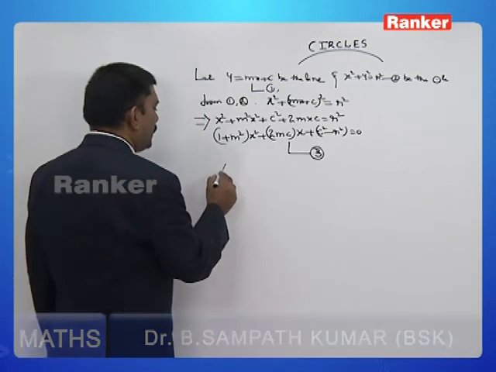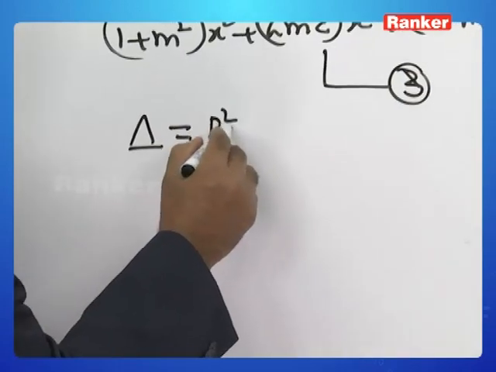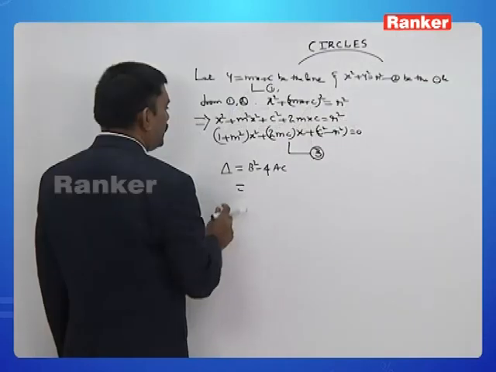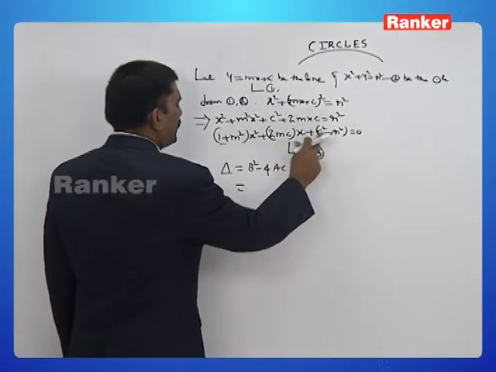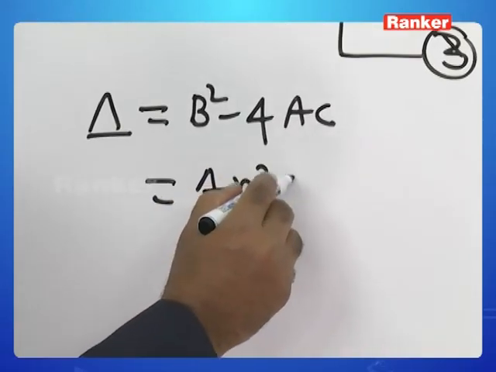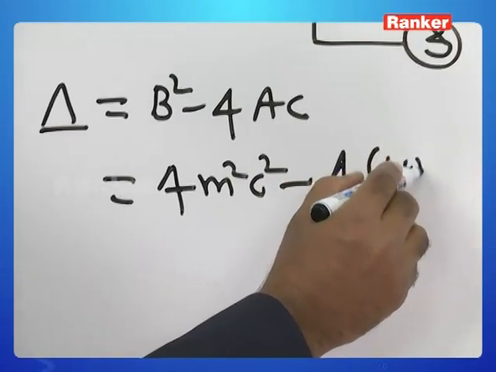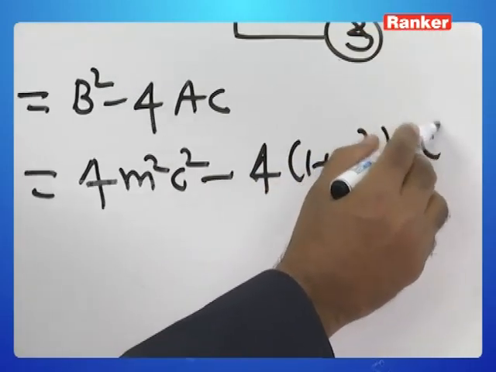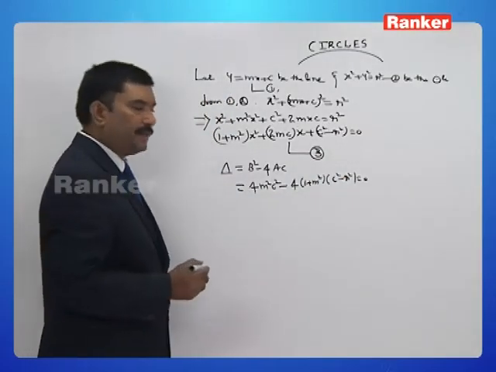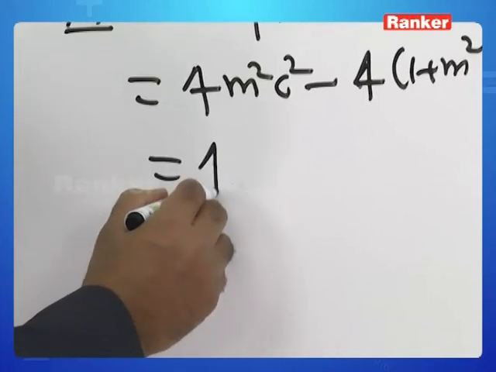So delta is equal to b square minus 4ac, where the quadratic is ax square plus bx plus c. Now this becomes 4m square c square minus 4 into (1 plus m square) into (c square minus r square), so you can take out 4.